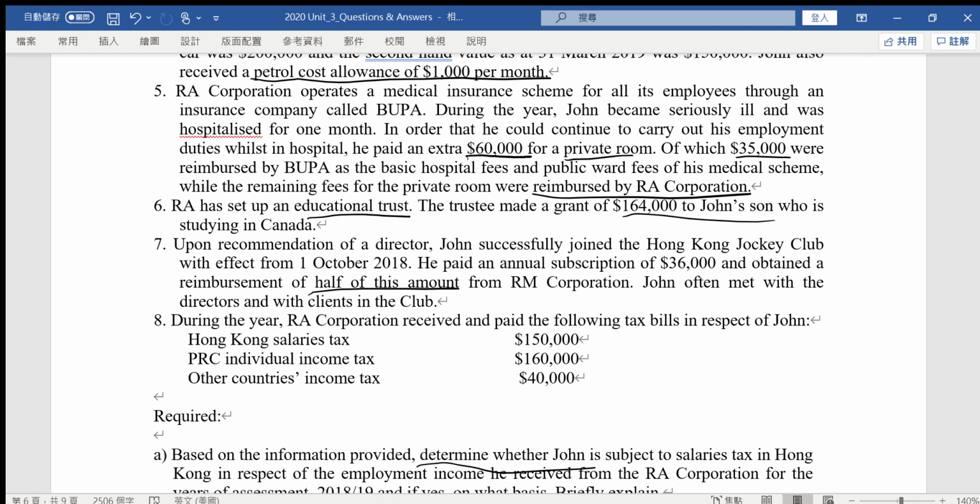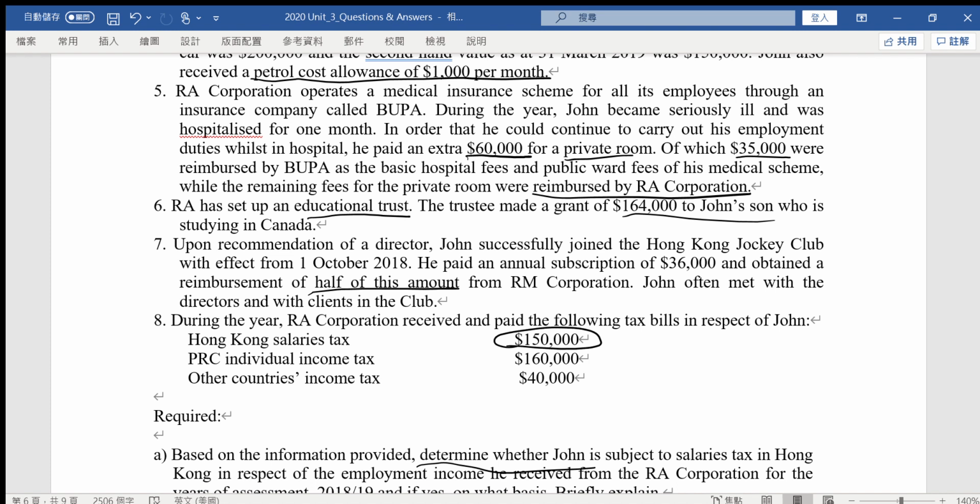He joined the Jockey Club by himself, and the membership is Mr. John Jones' account. That's why the half of the membership fee the company reimbursed to him should be fully taxable.